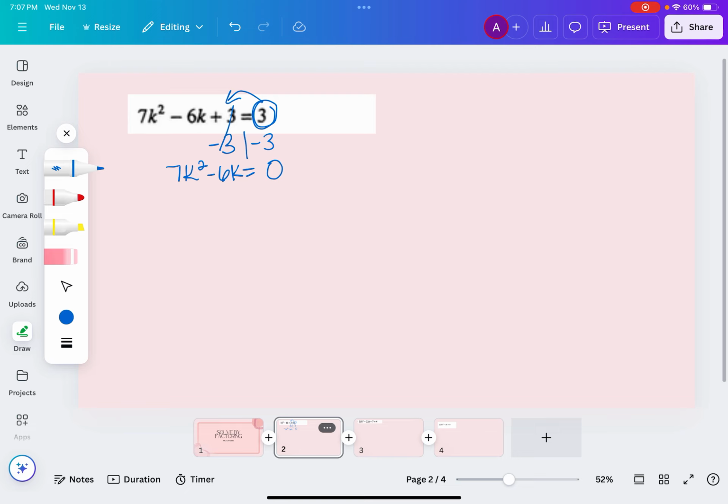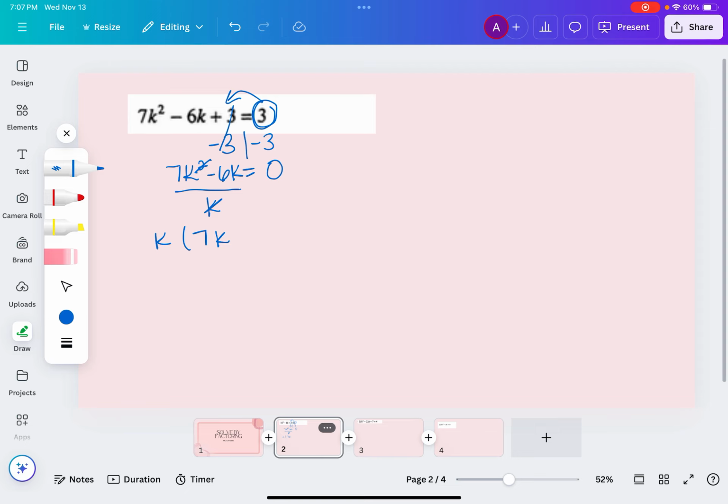So let's go ahead, and this one is a difference. However, it's not a difference of squares because 7 is prime and 6 is even. So we do have a GCF, which is k. So let's go ahead and take k out. So 7, this is going to be 7. K squared divided by k is just going to be k.